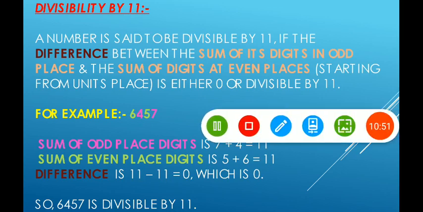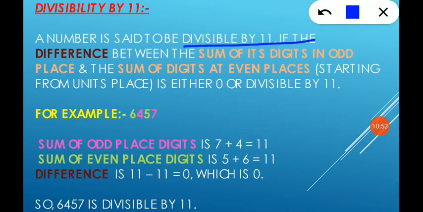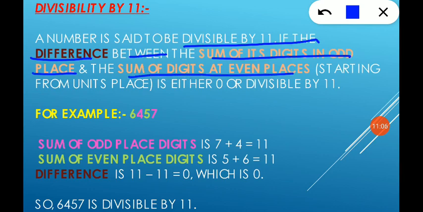A number is said to be divisible by 11 if the difference, which means we have to find out the difference, but difference of which numbers? Between the sum of its digits in odd places and the sum of digits at even places. So if the difference of these two numbers is either 0, or divisible by 11, then the number is divisible by 11.